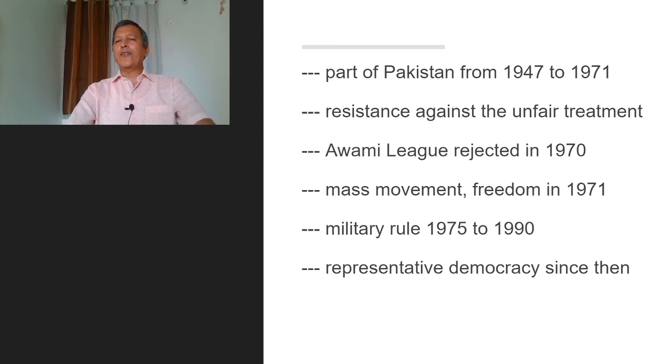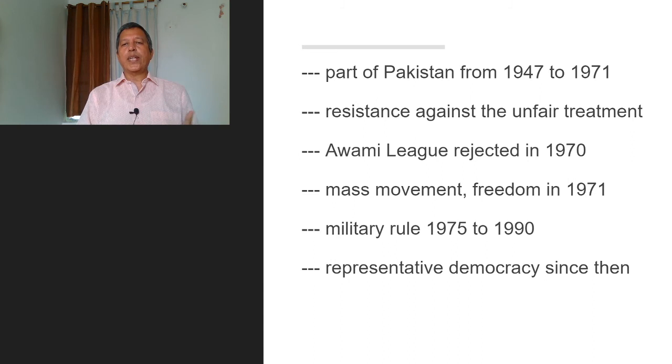But in 1975, there was a coup, and he was assassinated. Then the rule was that of the military from 75 to 1990. Of course, there were movements of resistance against that. Finally, around 1990, a representative democracy was established, and since then it has had a democracy.